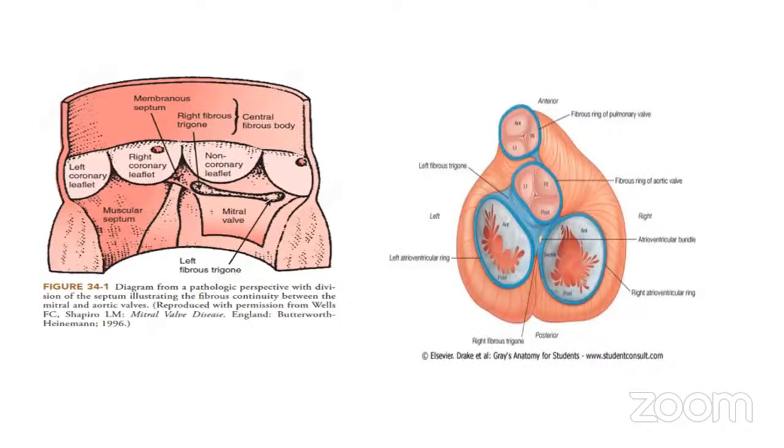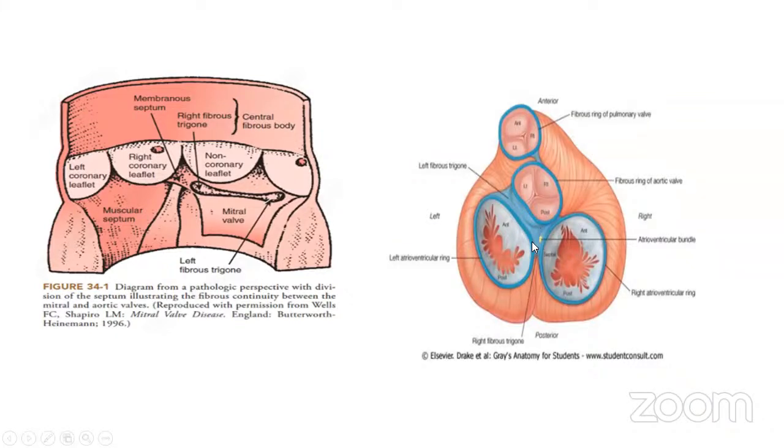Here we can see a picture of the relationship between the aortic valve and the mitral valve. You can see here the right fibrous trigone and the left fibrous trigone. As you can see, the right fibrous trigone has a close relationship with the non-coronary leaflet and the membranous septum. The right fibrous trigone is part of the central fibrous body.